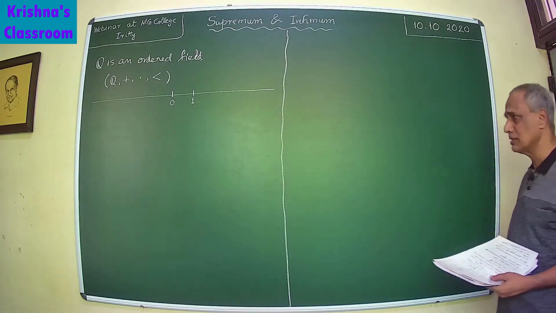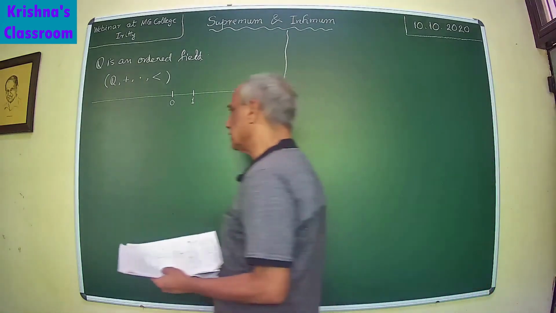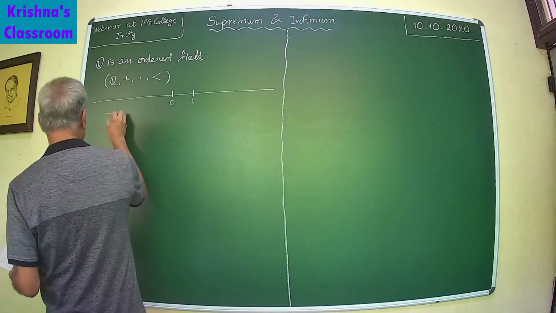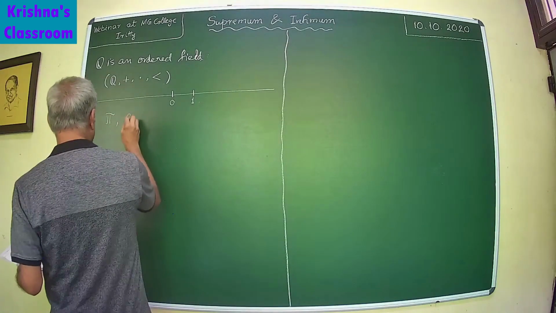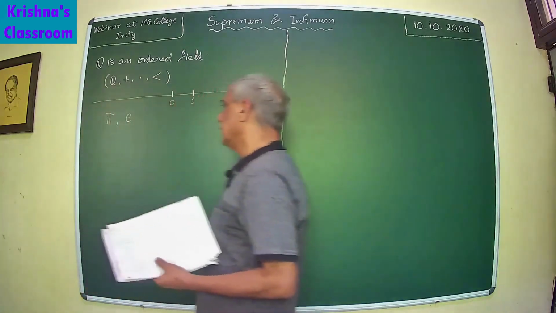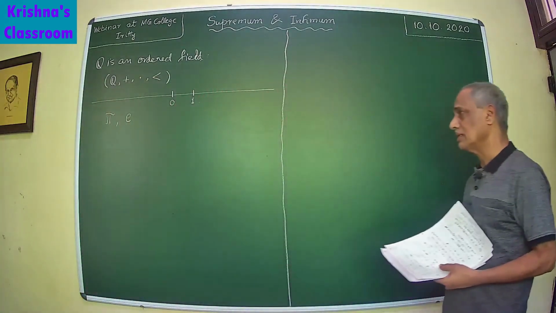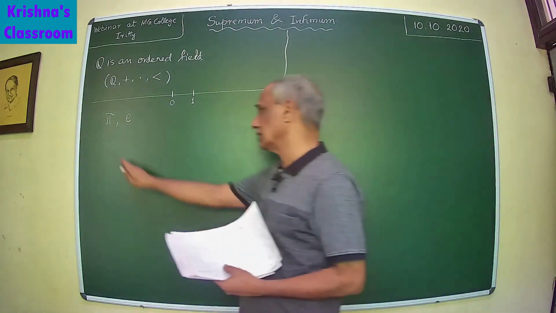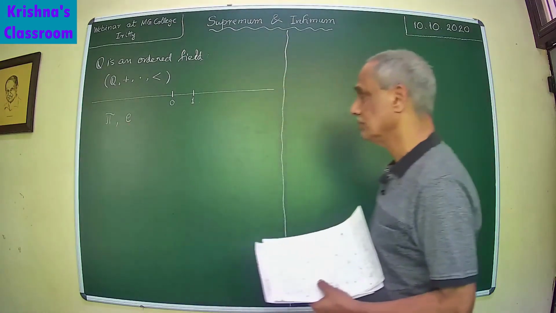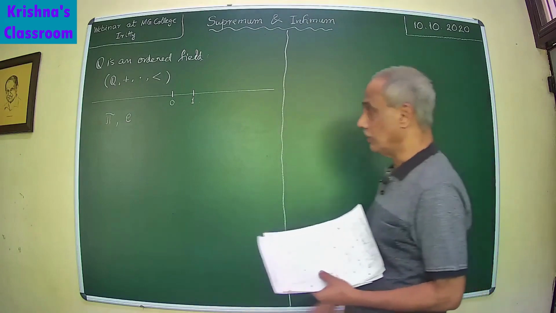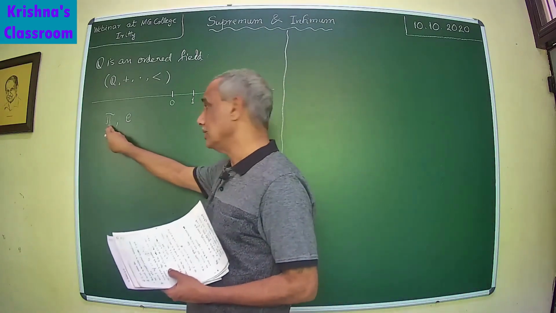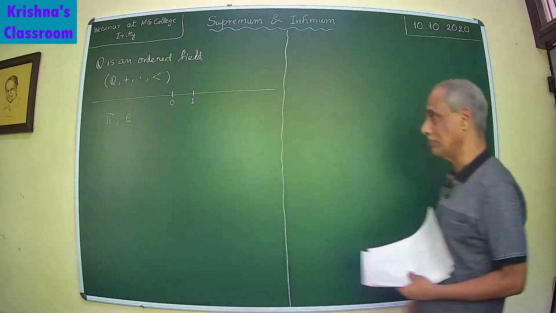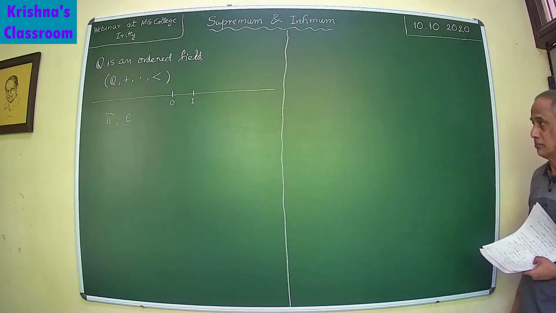Apart from that, you have one of the most elegant numbers, called pi, and e. They were also not rational numbers. In fact, it is quite a job to prove that pi is not rational, e is not rational. One proves that pi is transcendental, e is transcendental. These are very basic works in mathematics.